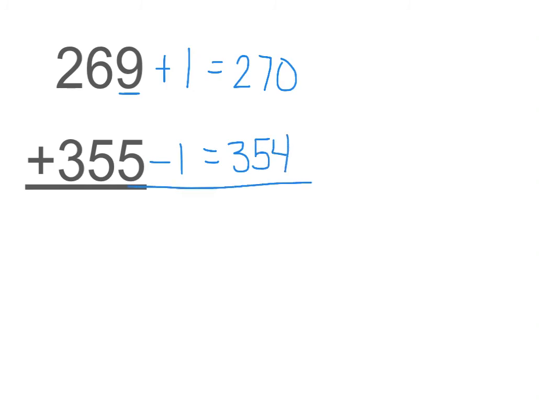Let's try one more. 269 plus 355. Go ahead and try it, and you will need to double compensate or use partners all the way to 100. So 269 needs a 1 to get to 270. If I added 1, I need to subtract 1 to get to 354.